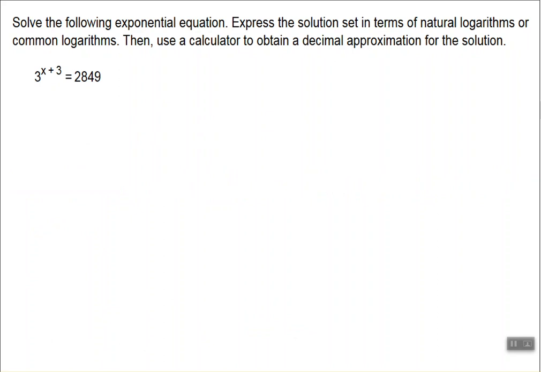So the easiest way to do that is just to go ahead and take the natural log of both sides, and that will allow us to pull that exponent of x plus 3 down from that position.